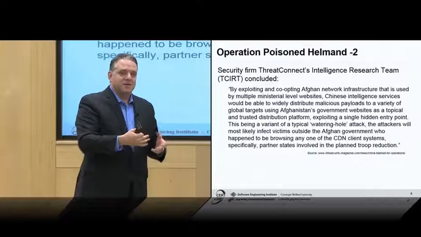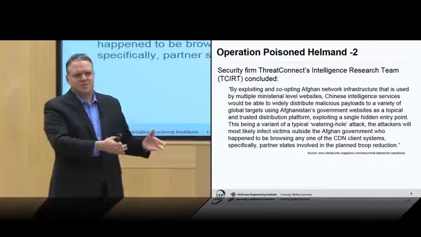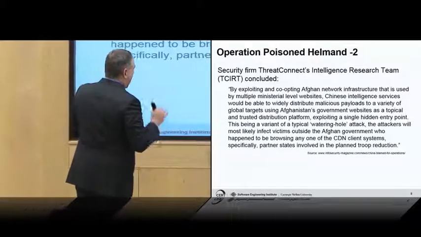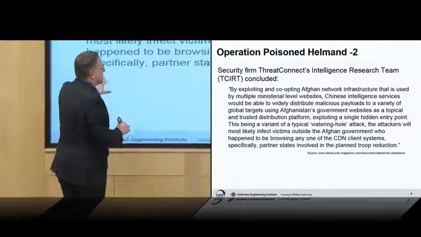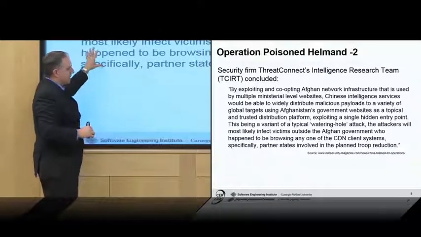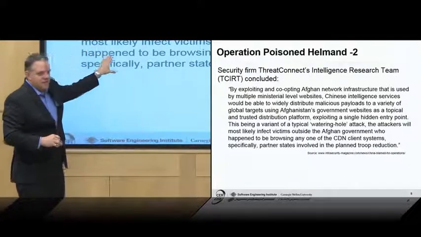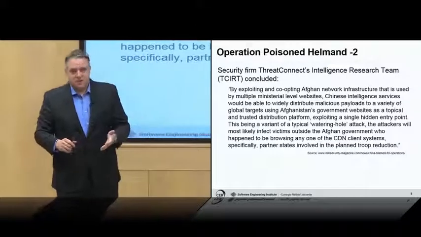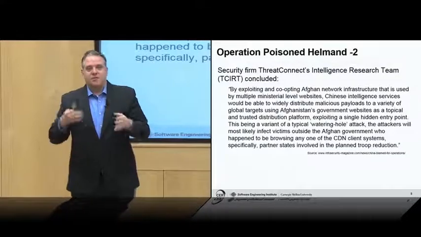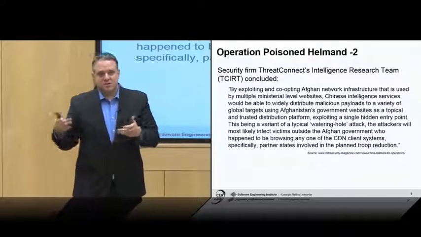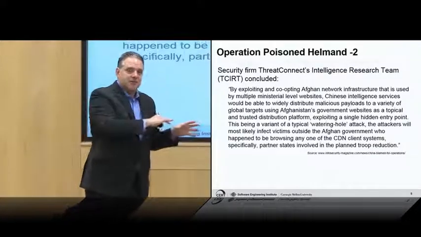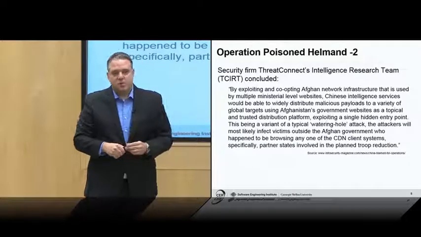It's actually been hacked into such that it's serving malware to anybody viewing this content delivery network. And so you have a lot of victims within the Afghan government, just government computers who are now being hit with this malware. In addition, you have public users, citizens or journalists or anything else, being hit by this as well when they go visit this government website.